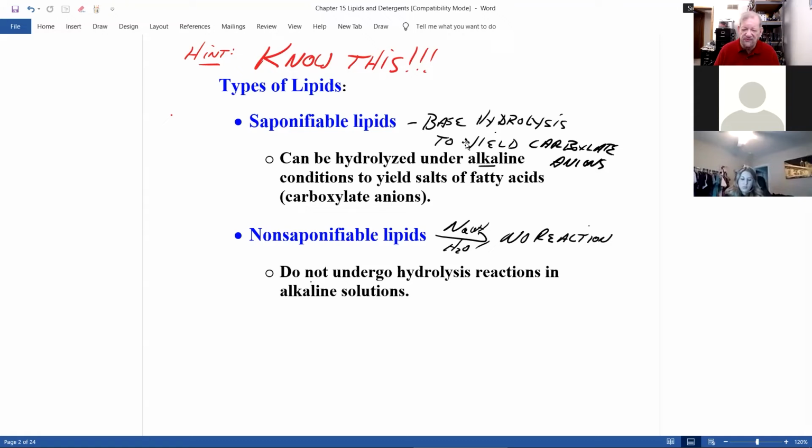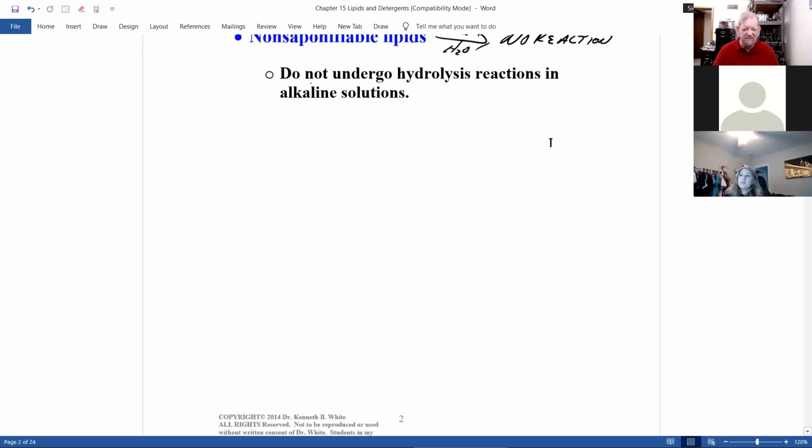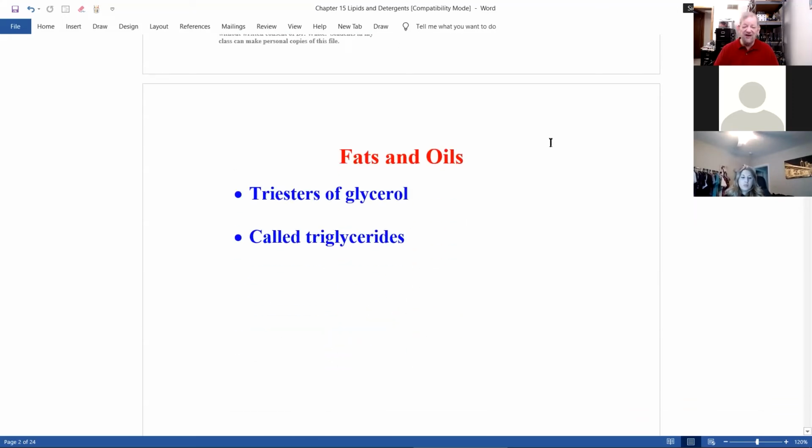Non-saponifiable lipids, when you react them with sodium hydroxide and water, you get no reaction. So what's a saponifiable lipid? They're fats and oils. All fats and oils are saponifiable lipids.